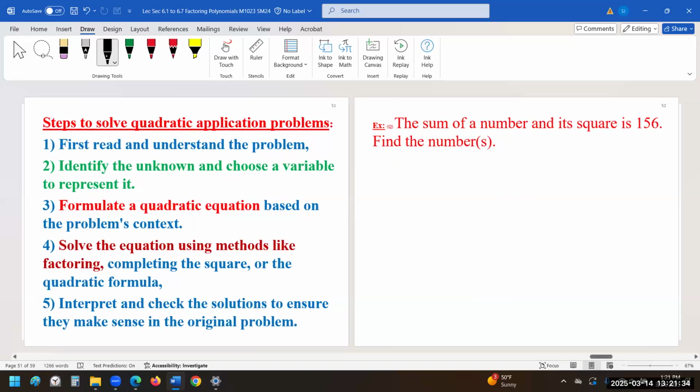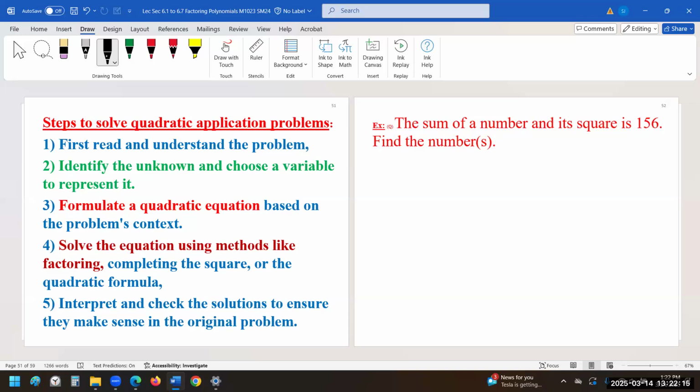Okay. Now let's do something like a puzzle. Interesting question. It's saying if you have a number and you add its square to that number, the answer is 156. What could that number, or numbers, be?